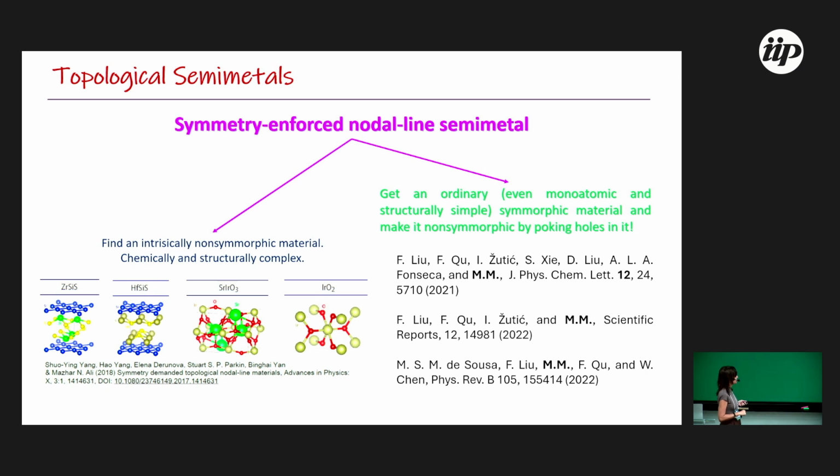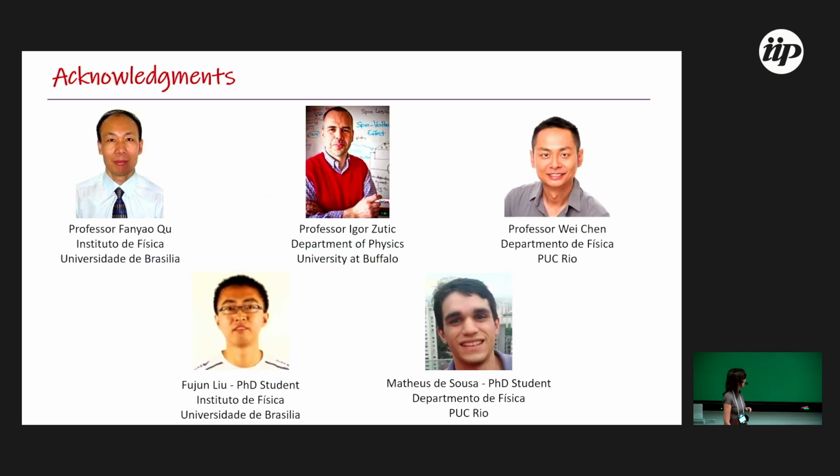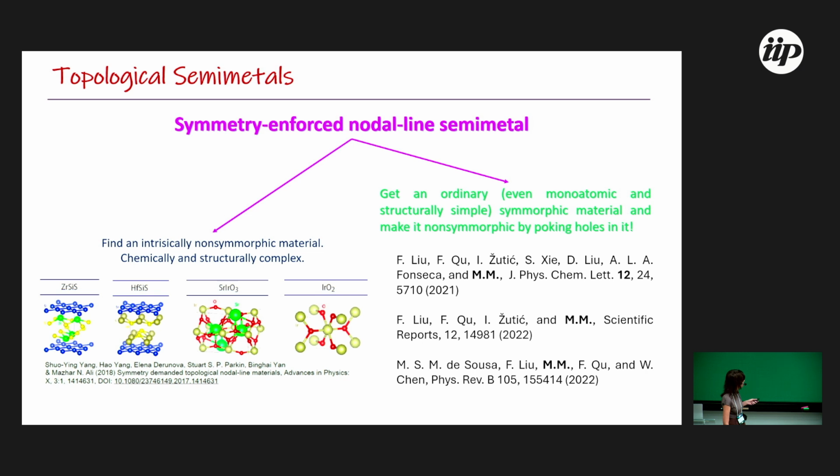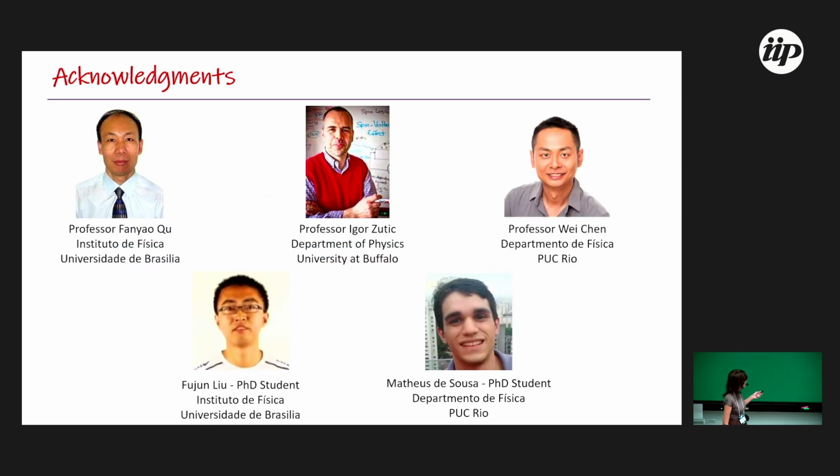But the point here is that you can make it non-symmorphic by poking holes in it, by introducing vacancies in some clever way. And this is a bunch of a few papers that I published with some other co-authors that explore just this fundamental question.